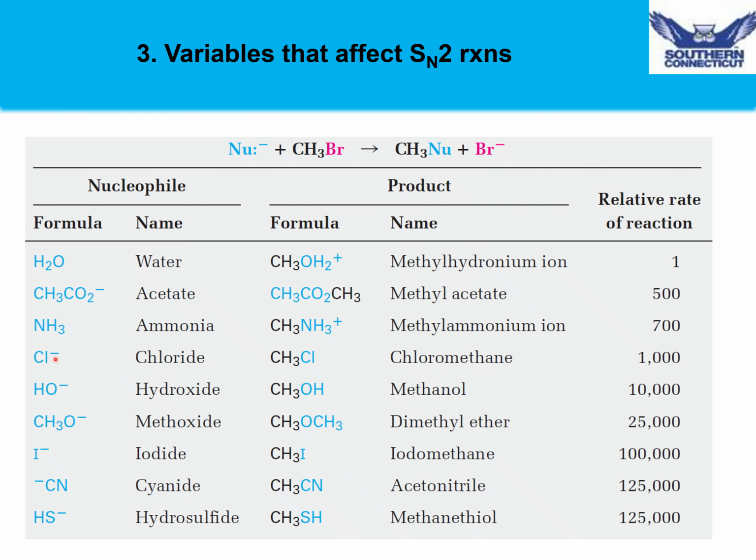The chlorine is a worse nucleophile than iodine because iodine is a larger atom, and so the lone pairs on the iodine are spread out further away from the nucleus, and they are more willing to react compared to the lone pairs on the chlorine. Notice the sulfur is lower on the periodic table than the oxygen. So for that reason, this is a better nucleophile than the oxygen.